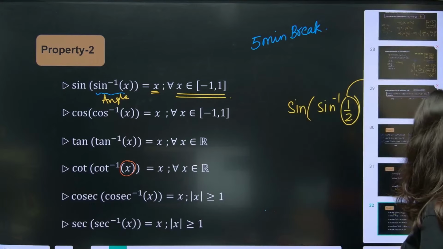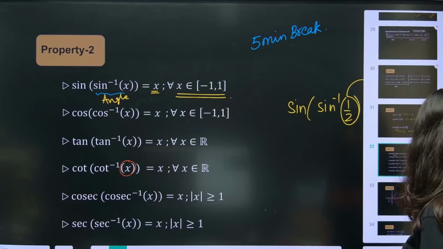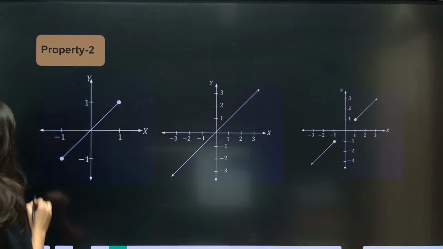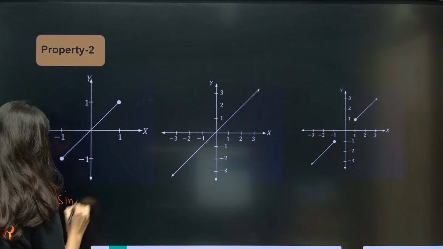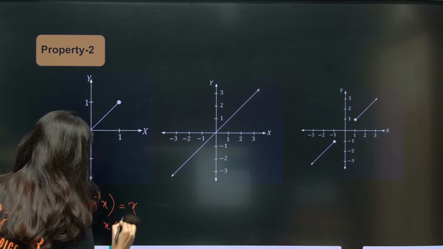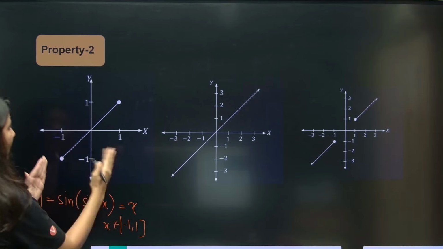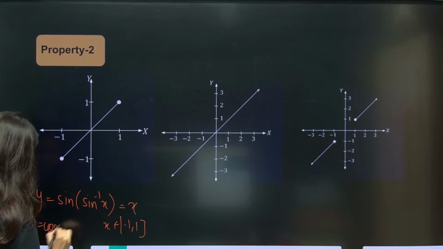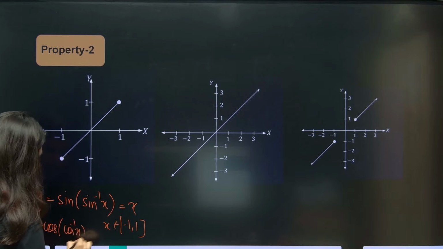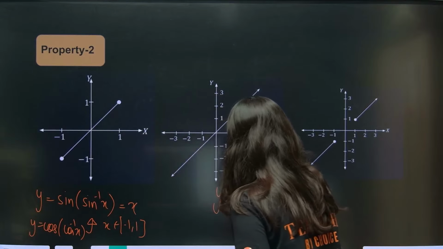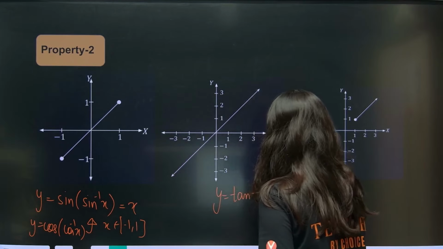So property number 2, whenever you have inverse trigonometric function, see, these are the graphs. This is the graph of y is equals to sine of sine inverse x, which is equals to x for x belongs to -1 to 1. Same for cos also. This is the graph of y is equals to cos of cos inverse x. Same graph. Now what about the graph of y is equals to tan of tan inverse x?